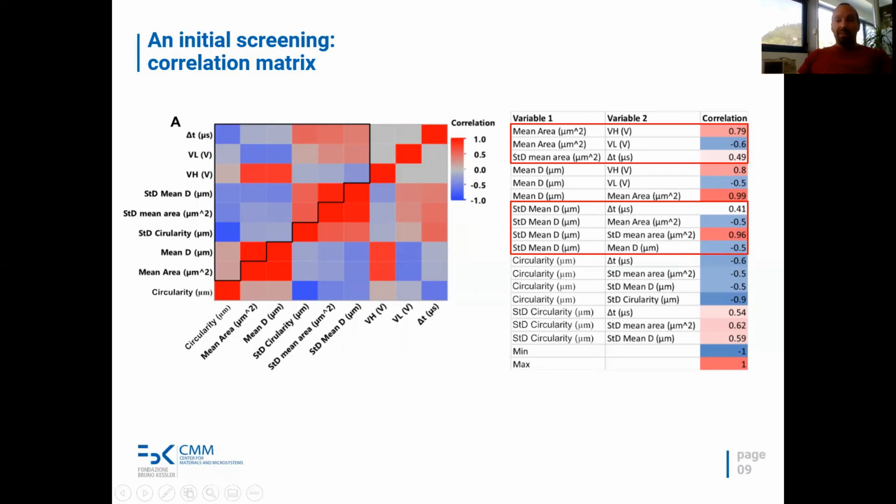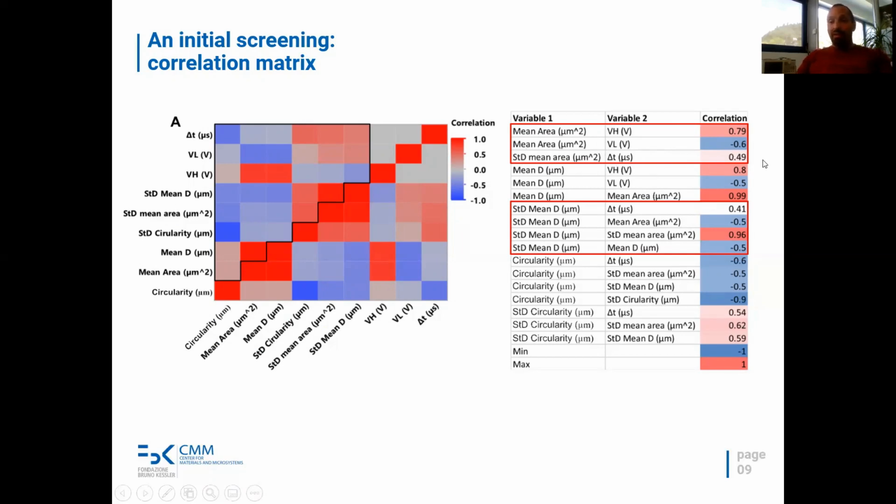So as we can see in the table, we have a strong correlation between the area of our splat and the high voltage and the low voltage, and we have a high correlation between the standard deviation of the area and the time interval.